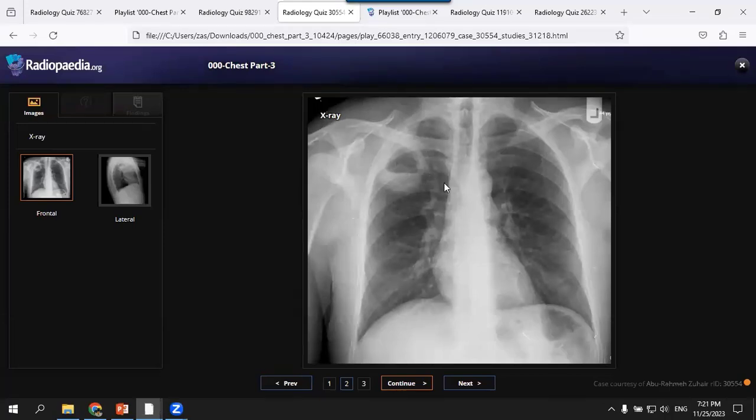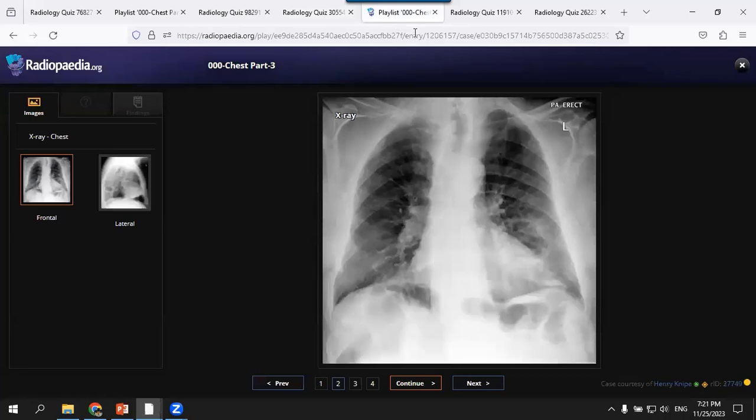Of course, CT first. We comment also on the wall thickness, whether it is uniform, irregular or nodular, and also on other lung lesions and surgical clips. This is a classic lung abscess. You describe this one too.